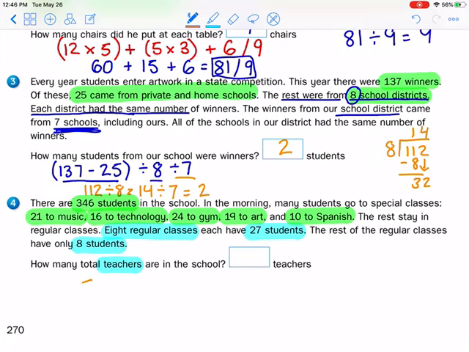So that's 5 classes, and so they need 5 teachers to teach those classes. But then, the rest of the classes, there's 8 regular classes that have 27 students. So they need 8 teachers to teach those classes.